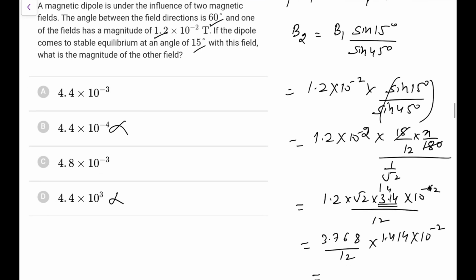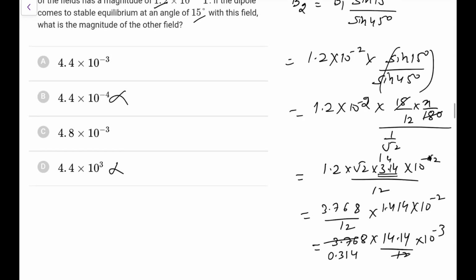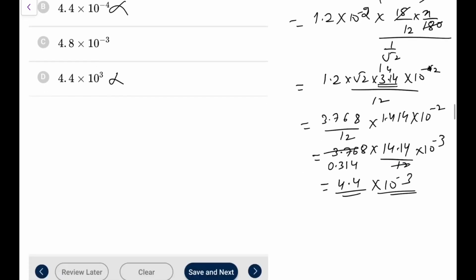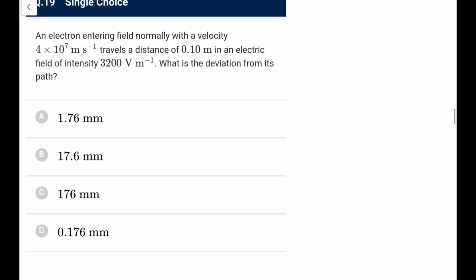So I can write it as 3.768 into 14.14 by 12, and let it be 10 to the power minus 3. In the 12 table it would be 0.3, 16, 1, 48, 4. So 14 into 0.3, that is 4.2, so it would be 4.4 closer, it's not 4.8. So I can make it out like this. Now it depends on you if you know the value or not, otherwise it would be tough for you. So this becomes tough because of calculation, not because of concept.